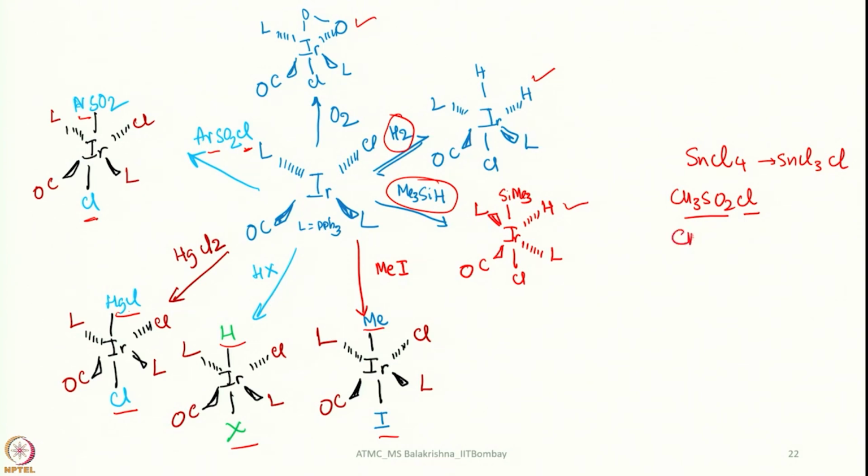Or if you take CH3COCl, these two fragments will be added after the C-Cl bond is broken. And if you take even this one, it will be added like that, or if we consider this one, this splits and this is added and this is added separately, and then there all trans addition will be there.